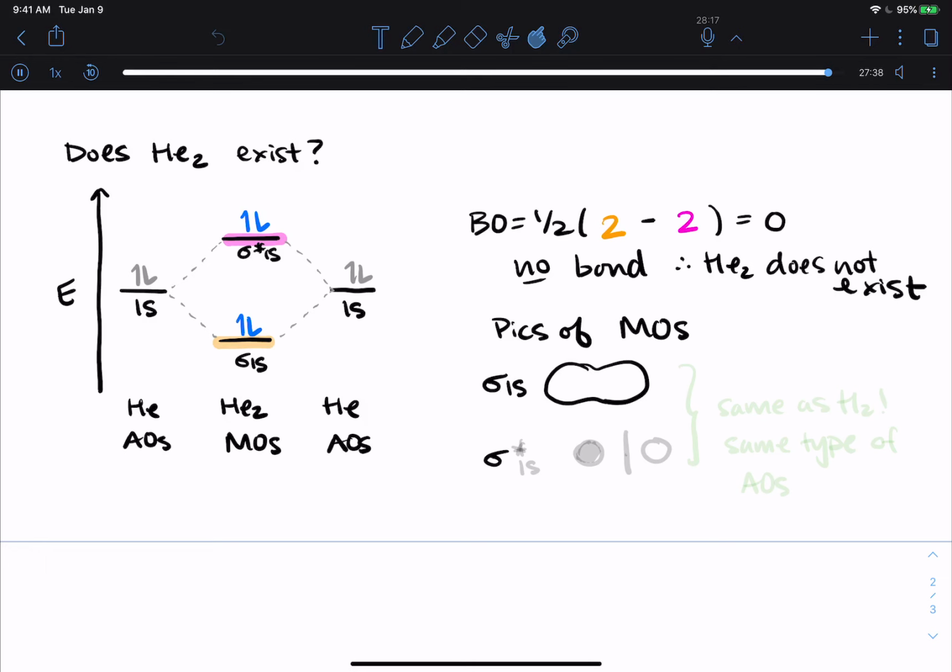And my sigma star 1s will look like what happens when you bring 1s orbitals together in a destructive interference way. So I could shade that side, which means I don't shade this side and I have a node in the middle. And they look exactly the same as what we got for H2, right? And that's fine. They're the same type of atomic orbitals making this combination, so we expect them to look the same.